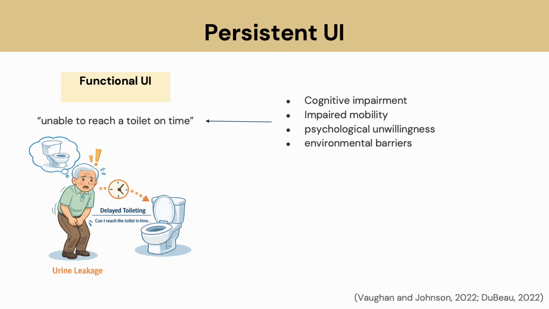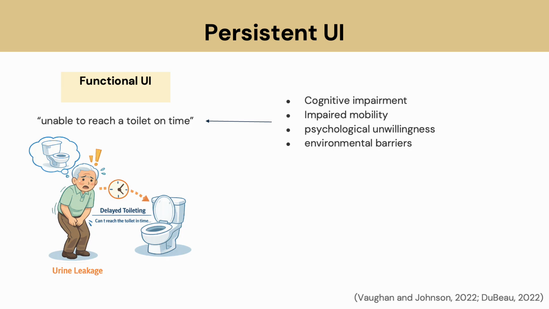Finally, let's look at functional UI. This type is quite different from the others because the lower urinary tract itself may be functioning normally. In other words, there is no intrinsic problem with the bladder or urethra. Instead, the patient is unable to reach the toilet in time despite having a normal desire to void.